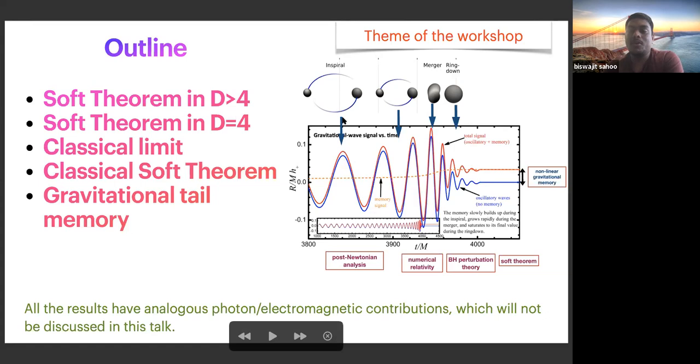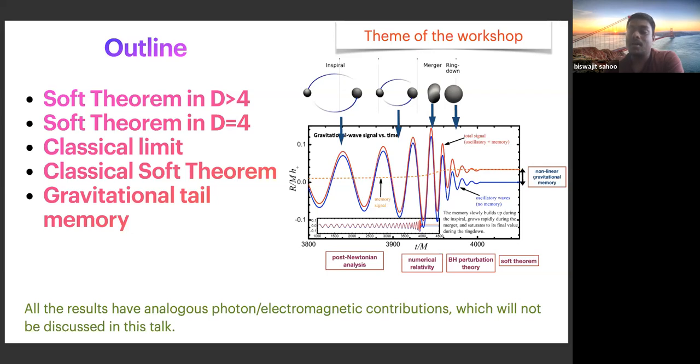For example, if we consider the black hole merger problem, we know that when they are far apart in the inspiral, we usually use post-Newtonian analysis to get the waveform. Then when they are very close to each other in the merger phase, one has to use numerical relativity because of the strong gravitational force. After that, when they form a single black hole, to understand the ringdown phase, one uses black hole perturbation theory.